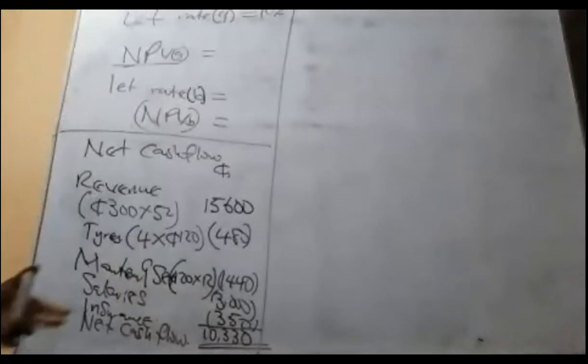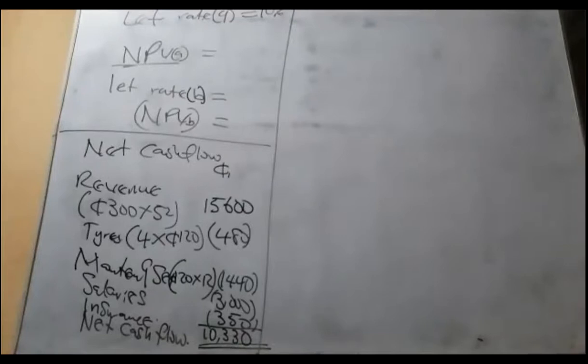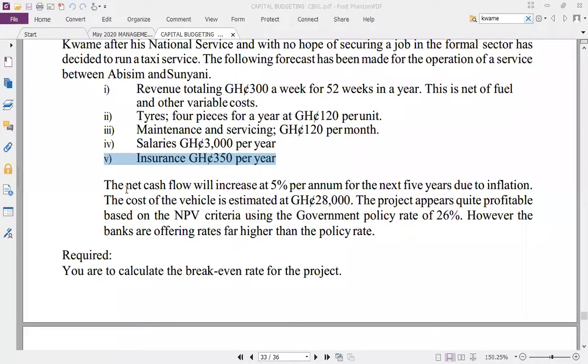So now let's calculate the NPV. Just that there is inflation in this question. They are saying that the net cash flow will increase at 5% per annum for the next 5 years due to inflation. That's all. So how do you treat this?